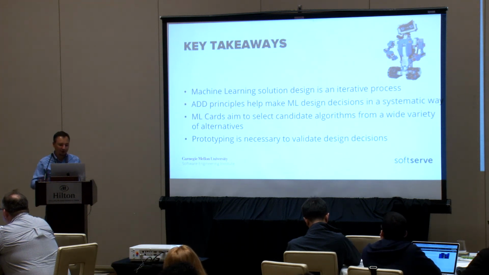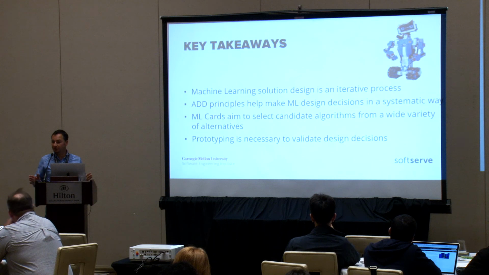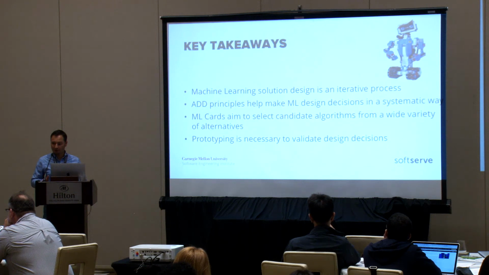And the machine learning cards themselves aim to select candidate algorithms, to do some kind of top-down design decisions, and reduce the variety of alternatives, right, to narrow down your decision tree. And as you noticed, prototyping is a necessary activity so that you can see what is the best winner from your candidate algorithms.